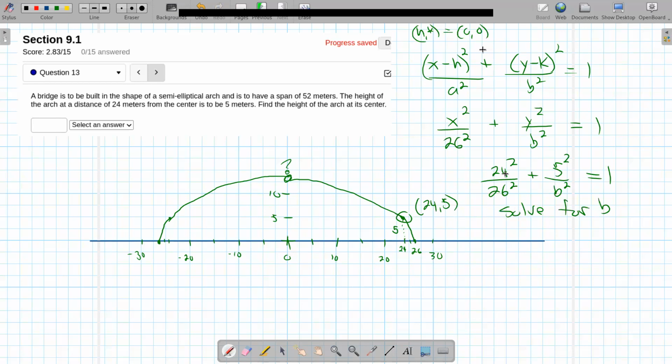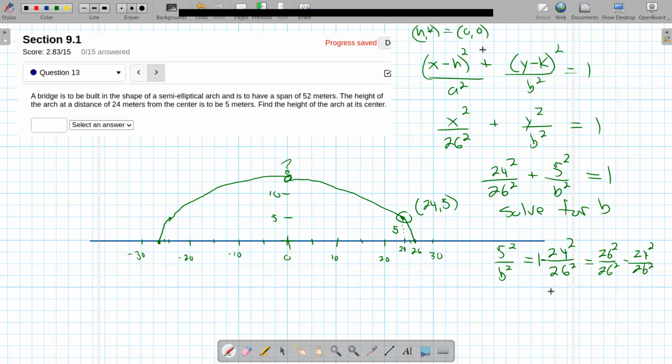So we can subtract the 24 over 26 squared to the other side. So 5 squared over b squared is equal to 1 minus 24 squared over 26 squared. And it would be nice to clean up that 1, so we could look at that as 26 squared over 26 squared minus the 24 squared over 26 squared.